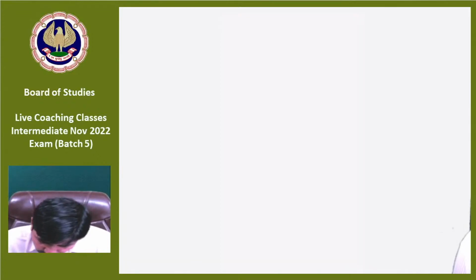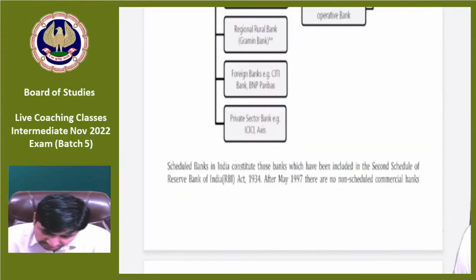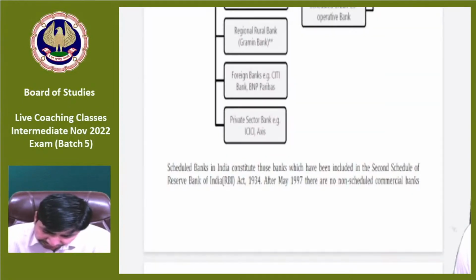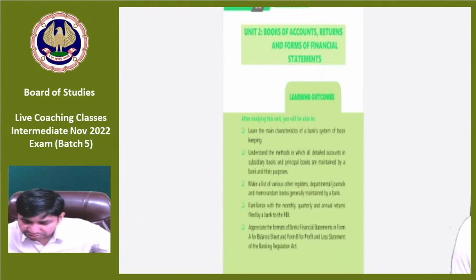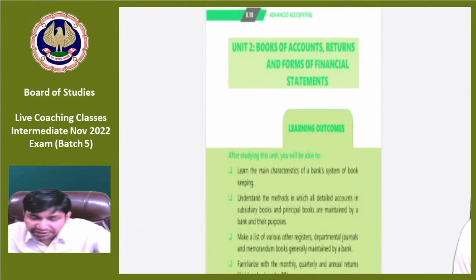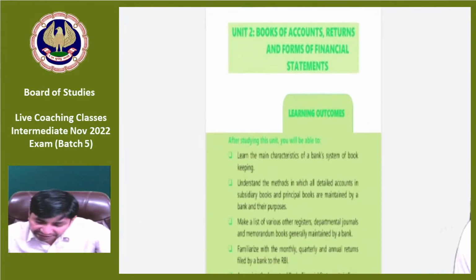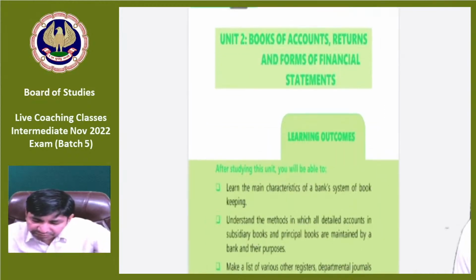As I showed you on the screen, in your study material, unit 2 shows what kind of books of accounts there are and what the financial statement format is, which we shall complete today.